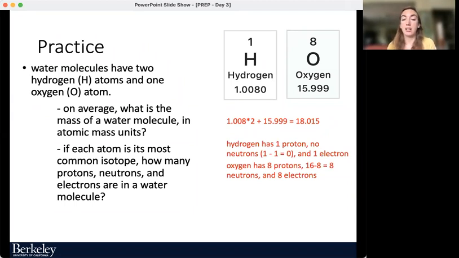So 16 total minus 8 protons means there's 8 neutrons. And because there are 8 protons, there must be 8 electrons too. How do we feel about that? Any questions on just that part of dealing with isotopes?